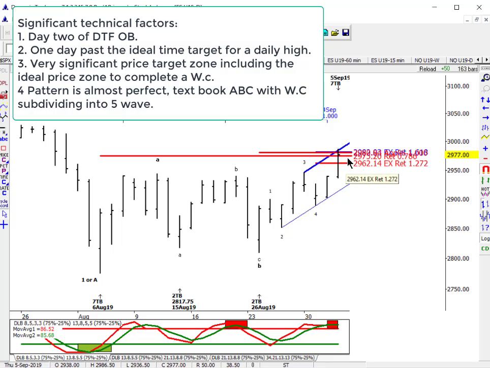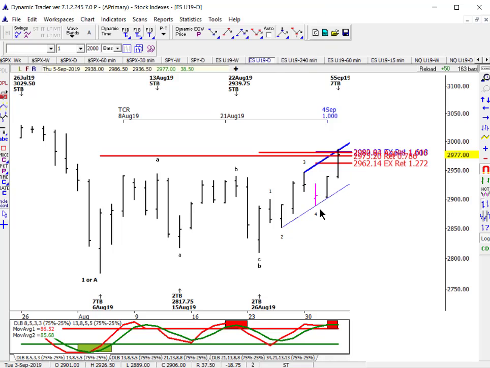So it's a 100% alternate price projection, it's a 78.6% retracement, and it's the 127, 162% external retracement. So this is where the high is today.